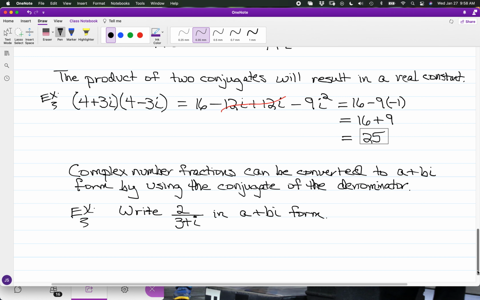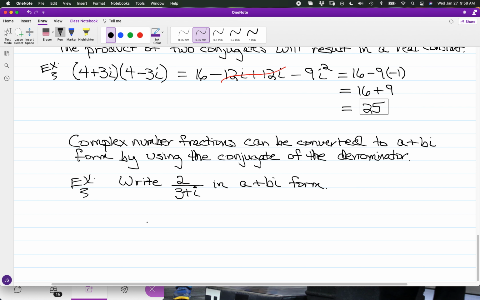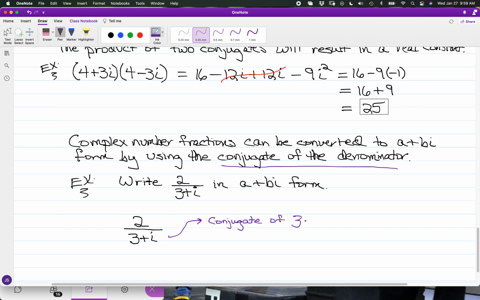Okay, so for what we have here, you have 2 over 3 plus i. And in the case of the conjugate of the denominator, the conjugate of 3 plus i is going to be 3 minus i.